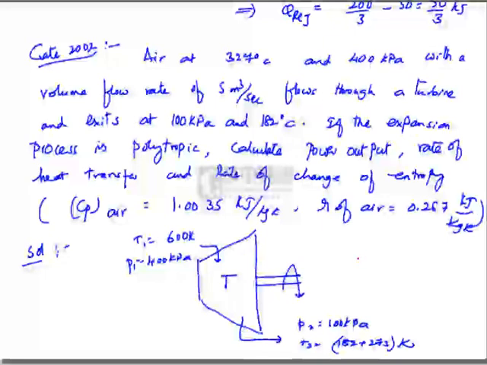The volume flow rate is equal to 5 meter cube per second. This corresponds to the inlet pressure P1 and temperature T1.